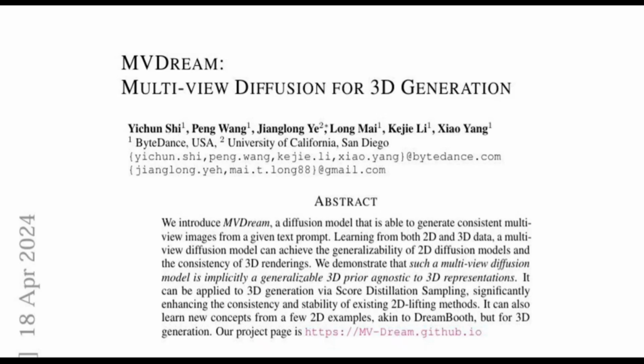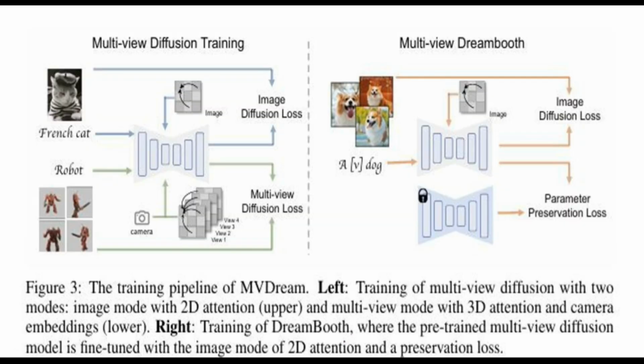Okay, the next paper is MVDream, that is multi-view diffusion for 3D generation. Text-to-image models can create stunning 2D visuals, but making consistent multi-view 3D objects, that's a whole different challenge.